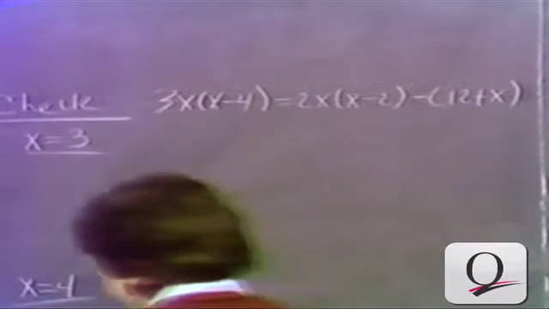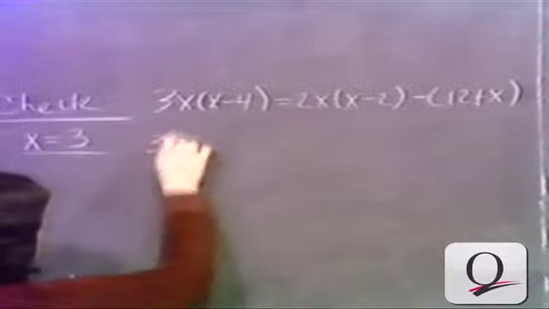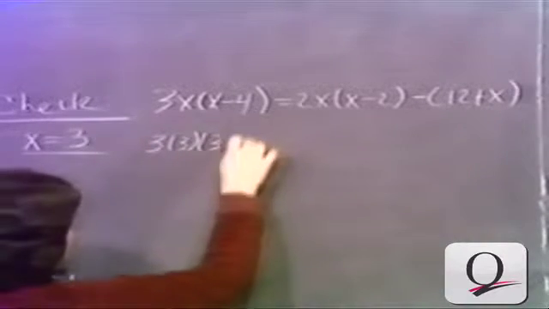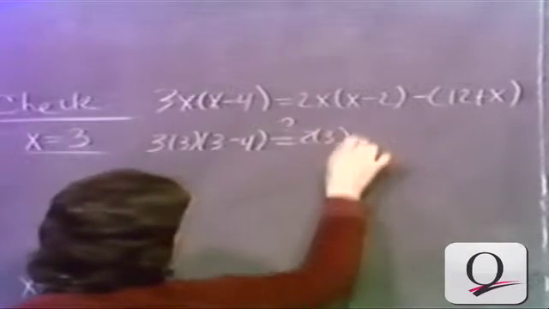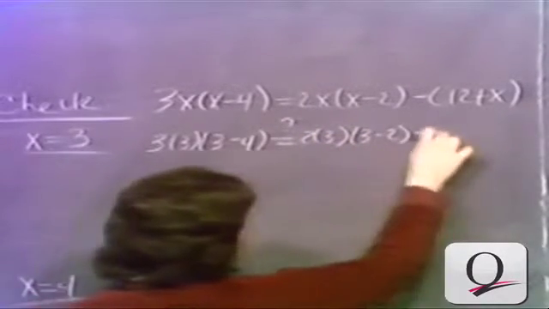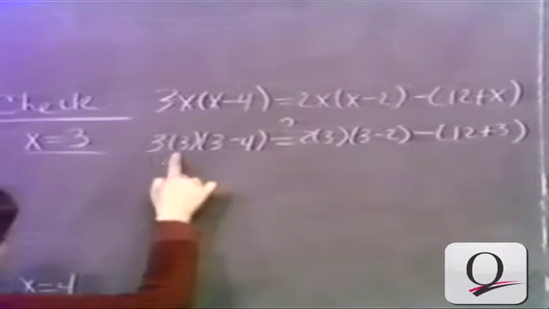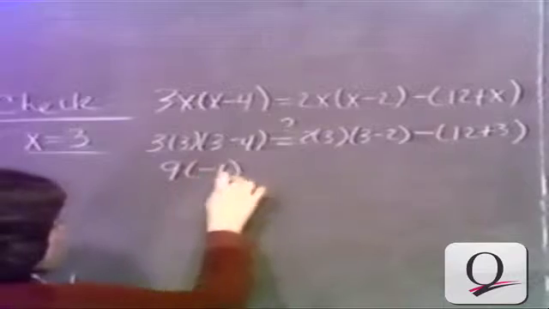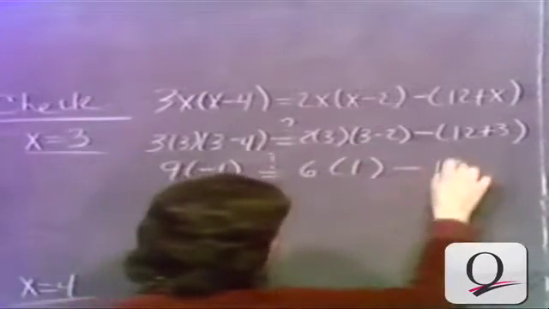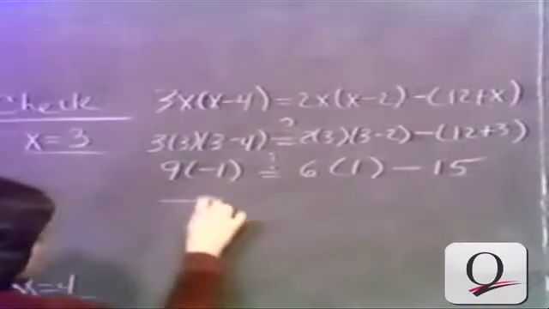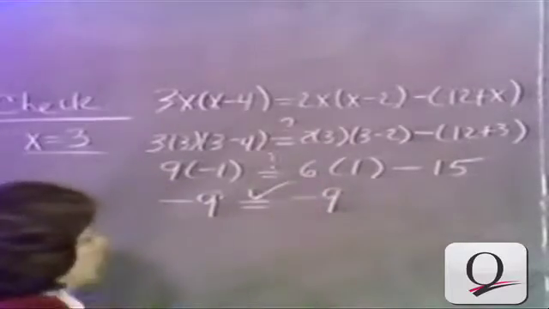So when we substitute in x equals 3, we get 3 times 3 times 3 minus 4 should be equal to 2 times 3 times 3 minus 2 minus 12 plus 3. This is 9 times minus 1 should be equal to 6 times 1 minus 15. And of course, we have minus 9 equals 6 minus 15, minus 9, and it checks out.